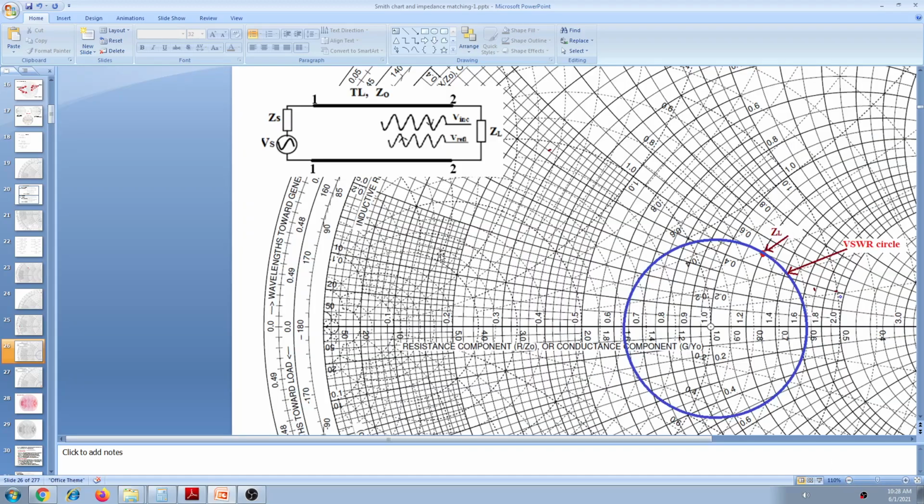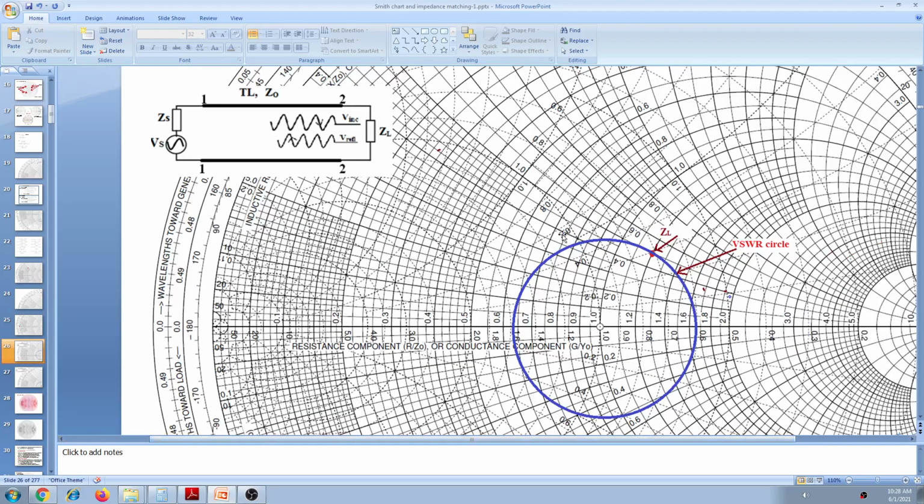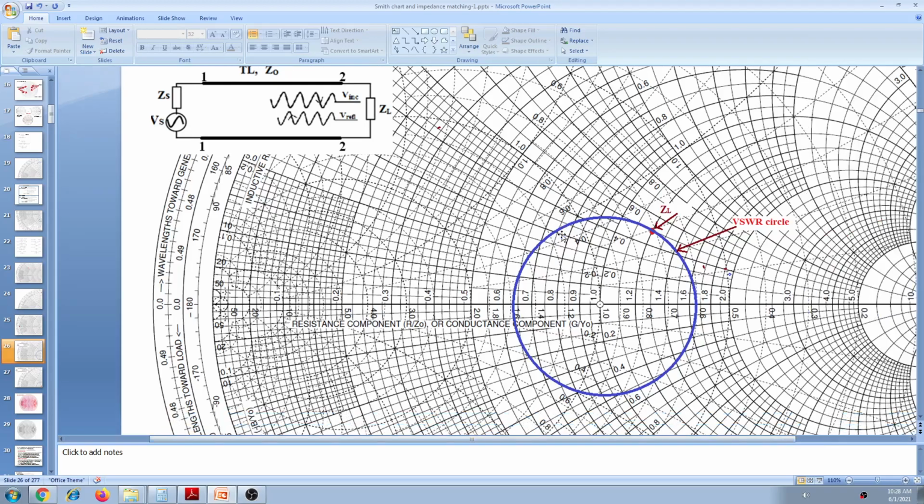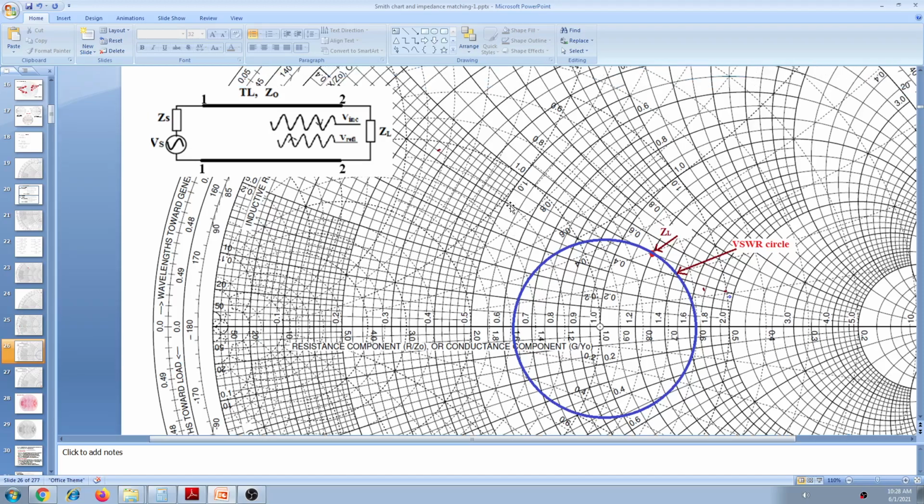Okay, as we discussed admittance in the earlier class, how to obtain admittance from the Smith chart, now we will see how, on this transmission line, if there is a mismatch, there is a reflection from here. Because of the reflection there are standing waves.